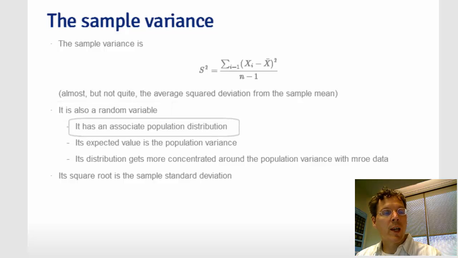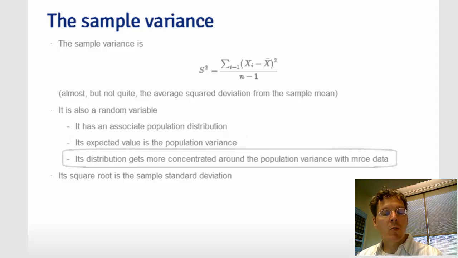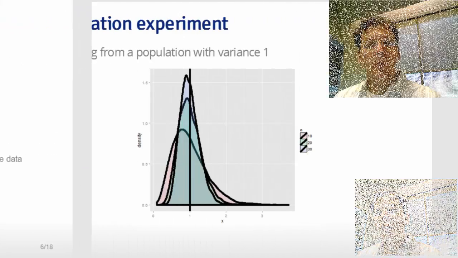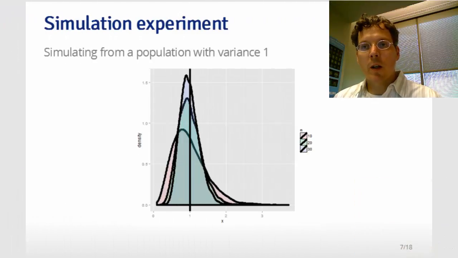That distribution has an expected value, and that expected value is the population variance that the sample variance is trying to estimate. And as you collect more and more data, the distribution of the sample variance is going to get more concentrated around the population variance it's trying to estimate. And I also simply want to remind you that the square root of the sample variance is the sample standard deviation. Imagine if I were to do the following.